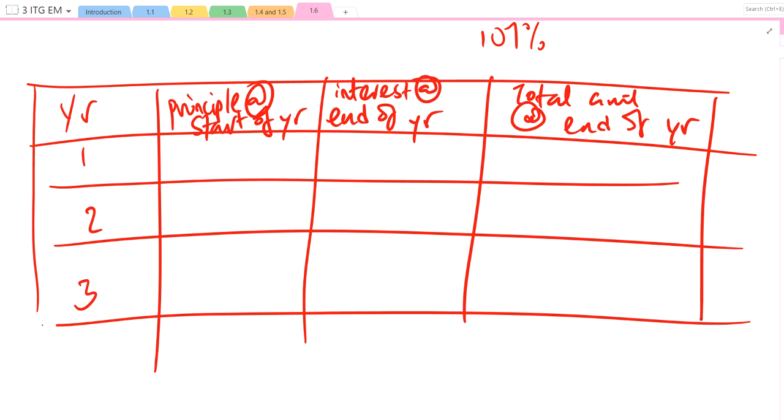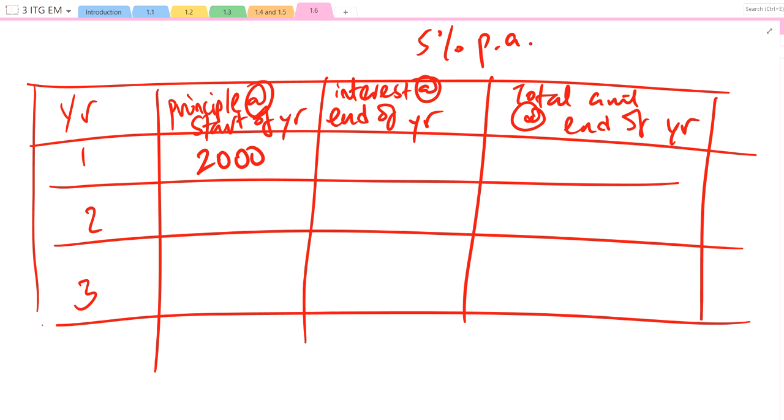Okay, on page 27, let's say our initial principal is $2,000. I am going to put $2,000 inside, and the interest rate is 5% per annum. Okay, what is the amount of interest at the end of year number 1?